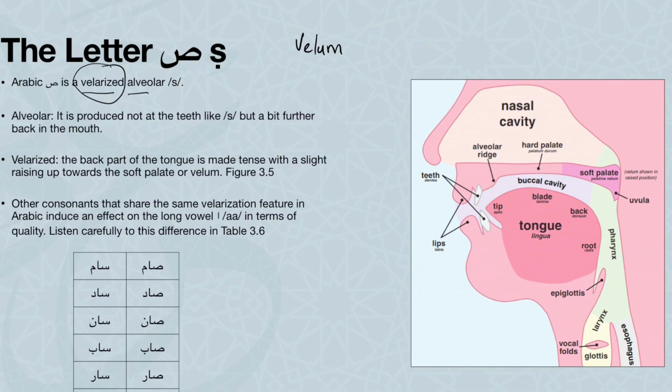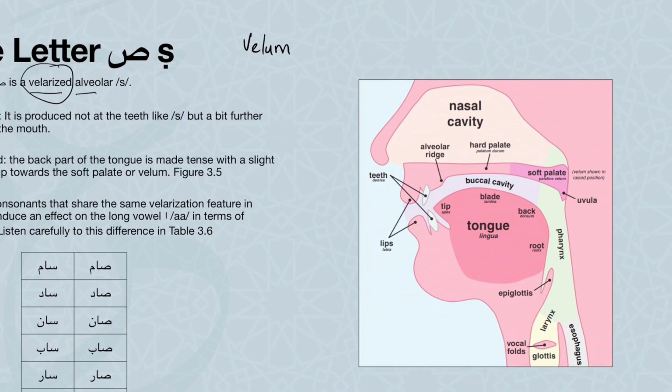Sod does not touch it, of course, but your tongue will point in that direction, which tenses your tongue and makes it a bit curvy, because if you bring it up here, the blade of your tongue will depress and the back would get here.